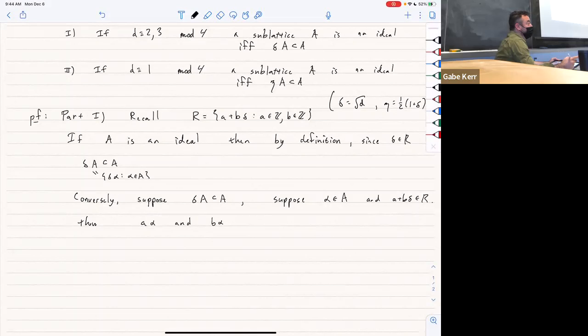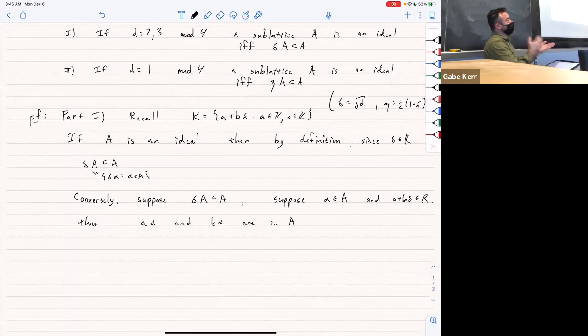Not under the assumption that A is an ideal, right? We do not want to assume our conclusion, but we are under the assumption that A is a lattice. We know that our lowercase a and b are integers. So a alpha and b alpha are in A, because a lattice means it's a group.